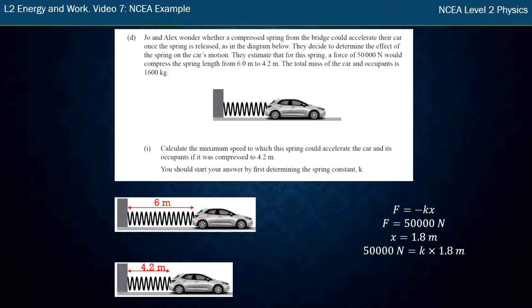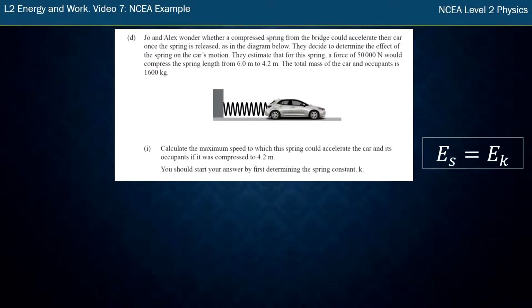Notice I've dropped the negative. The negative is in there because when I compress the spring down, changing its length to the left, the spring is trying to push to the right. The negative tells you that the force the spring applies is in the opposite direction to the way it's compressed. So I can just drop it to work out the numbers. Rearranging this, I get k is 27,000 newtons per meter.